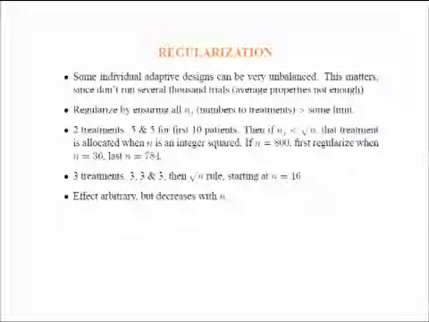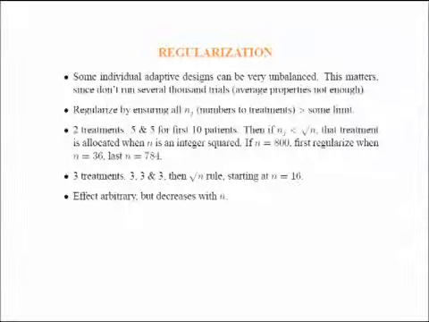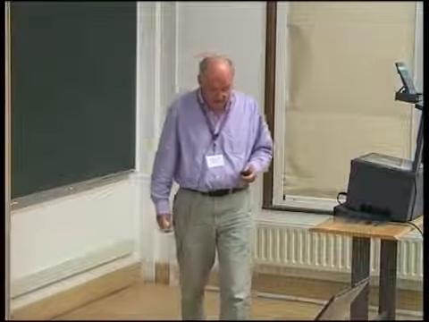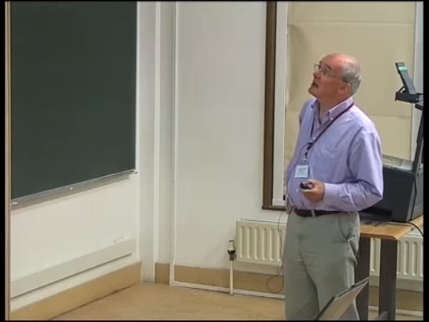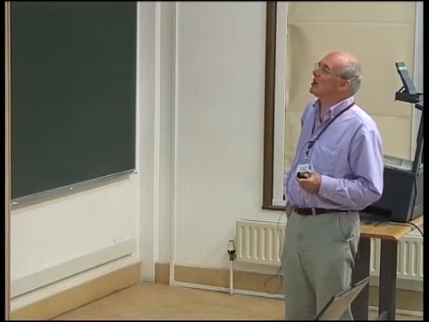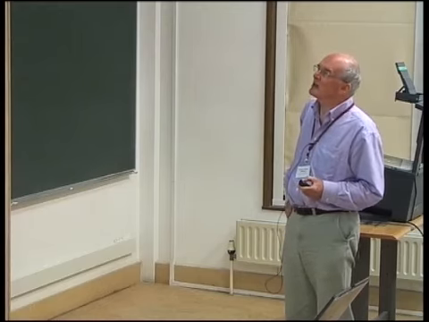So, the point is that some individual adaptive designs can be very unbalanced. A very famous one was, there were several historical trials on ECMO. One of them stopped very early because the allocation rule was very unbalanced. Well, it wasn't the only reason it stopped, but it made inference very difficult.